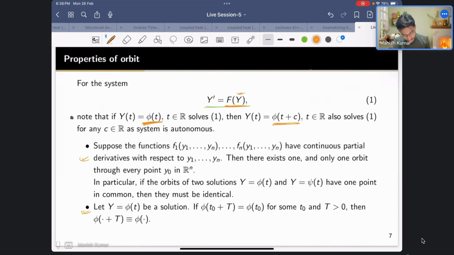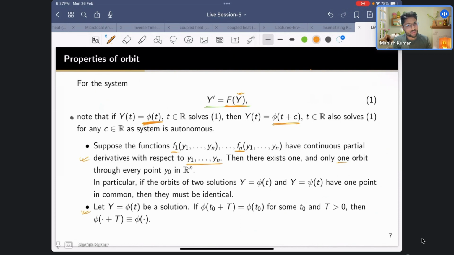The second property is that suppose this f function is C1, or for more simplicity you can assume that each component has continuous partial derivatives. That is enough. So assume that f1 to fn have continuous partial derivatives with respect to y1, y2, up to yn. Then only one orbit will pass through a point y naught.